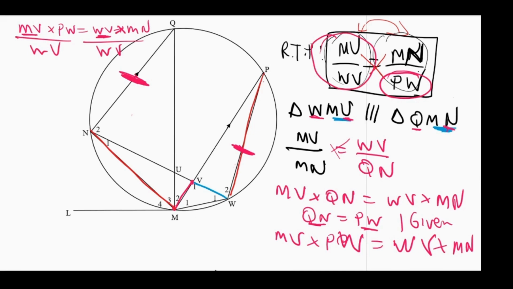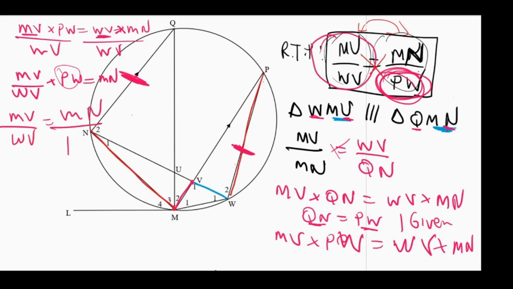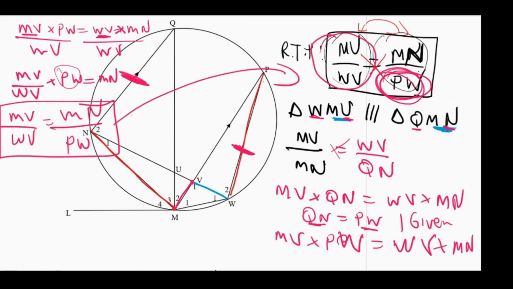So you will have MV over WV multiplied by PW is equal to MN, right? So we're going to remove this PW because it's at the bottom, as you can see here, and we divide by PW both sides. So we have MV over WV is equal to MN over PW. So this is the expression that is required to be proven in this problem here.